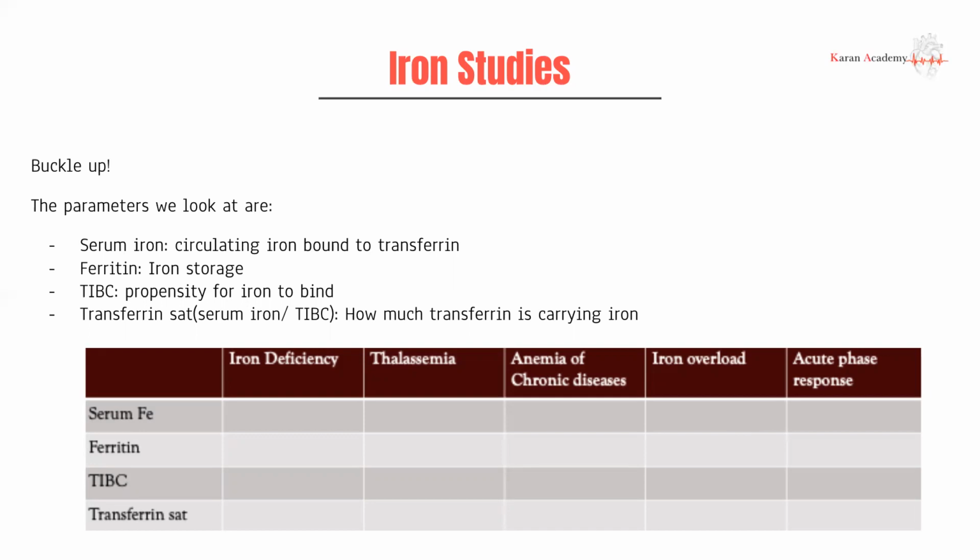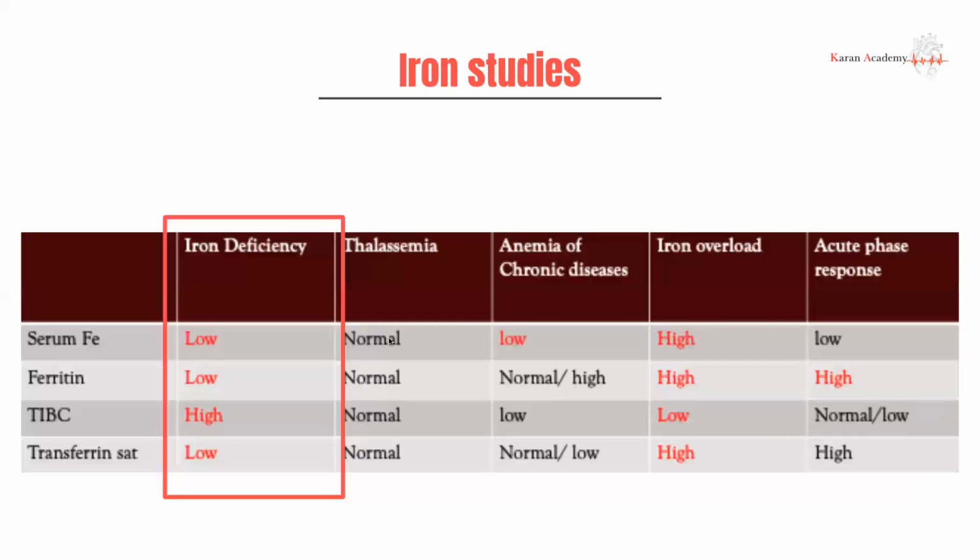So let's talk about each individual case and how that reflects. Okay, iron deficiency. The first thing is you do not have iron in your body. Your ferritin, which are the iron stores, is going to be low because people are just not visiting. Either people are not visiting or they went somewhere else, but the number of people in the hotel is going to be low.